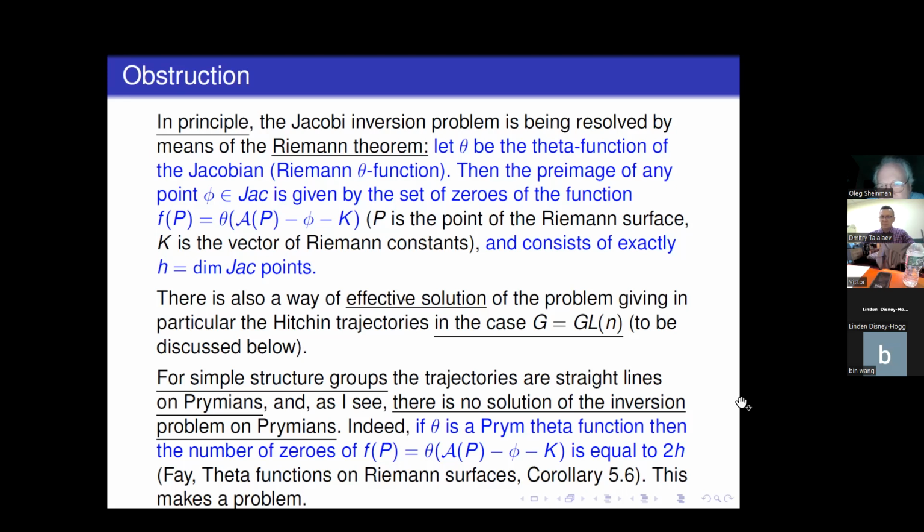Is it relevant to your question or not? Yeah, that is relevant, and the question itself was, as you correctly say, the Prym is the skew part with respect to this involution. Yes. And I didn't see in your slides which involution you were taking.